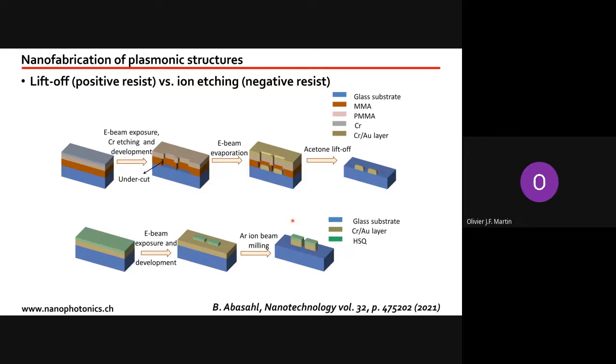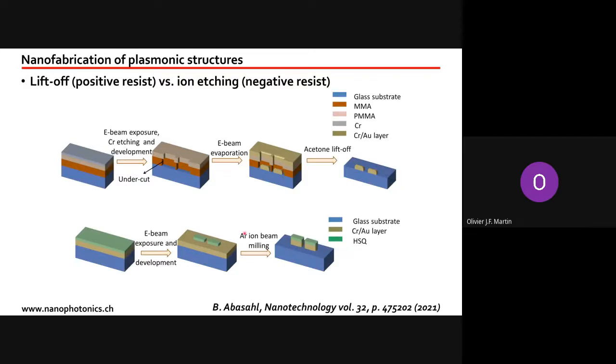And then we bombard the entire substrate with ions. So we use this ion beam milling, and it's going to remove the metal everywhere. And the photoresist will protect the structure that we want to keep.